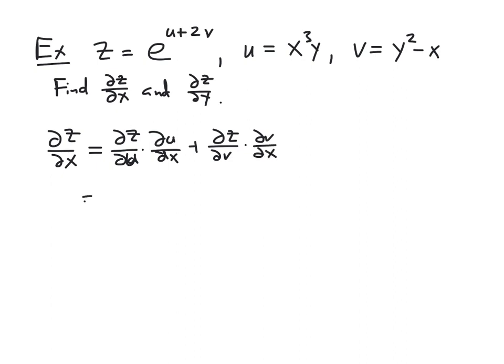So we just have to compute these four quantities. Differentiating z with respect to u, we're just going to get e to the u plus 2v. We would multiply by the derivative of u plus 2v with respect to u, but that's just 1. So we're going to have e to the u plus 2v multiplied by del u, del x, so that'll be 3x squared y.